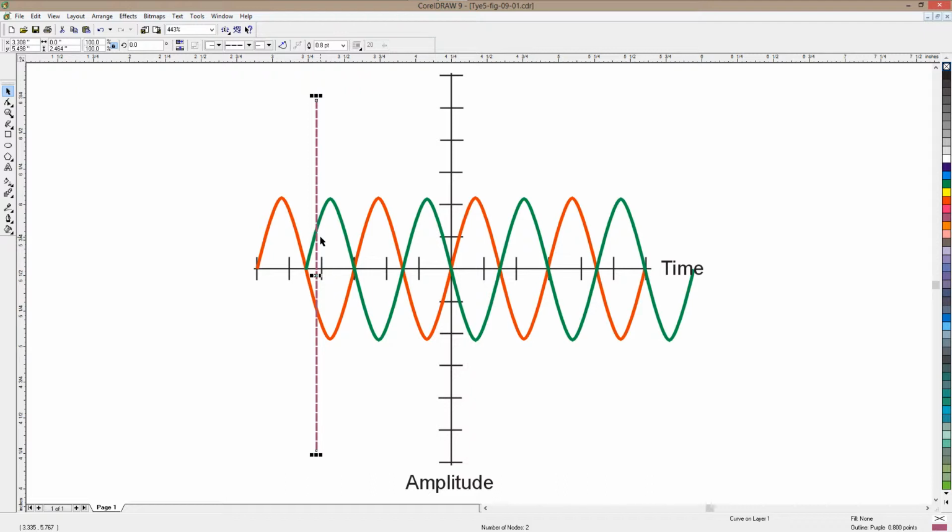If those points are equidistant from the time axis, but one of them positive and one of them negative, then they will cancel each other out and we'll get zero. So at every point along here, that's what happens. We always get equidistant intersection points from the time axis on either side, and they always add up to zero.